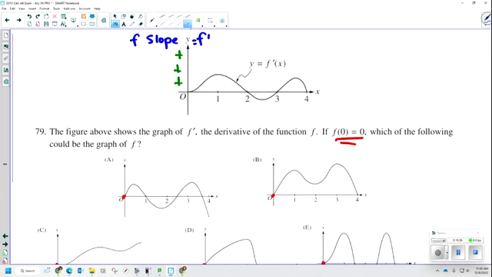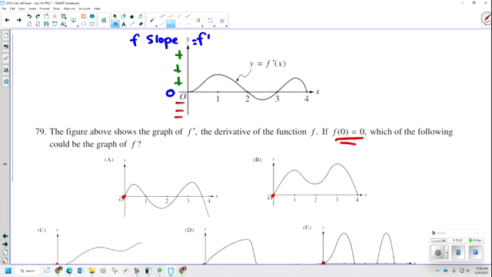And anytime it touches the x-axis, where y is 0, I'll have a slope of 0 for f. And anytime it's below the x-axis, my y value will be negative, which means my derivative is negative, which means my slope is negative.